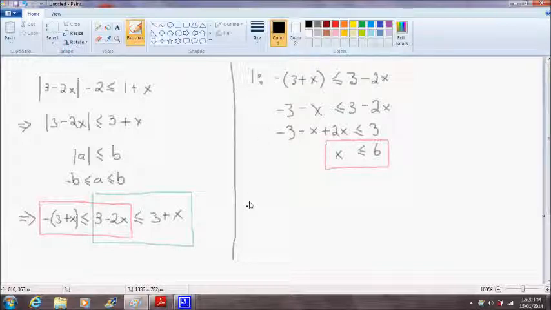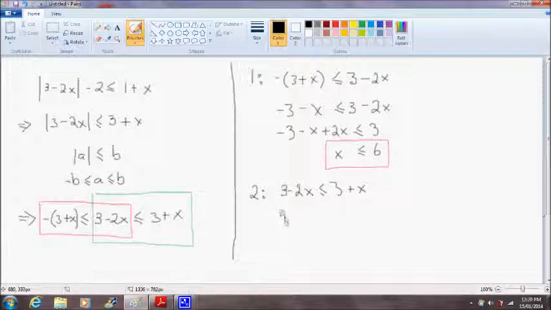So now in our second instance, 3 minus 2x is less than or equal to 3 plus x, and again we want to get all the x's on one side and all the numbers on the other side.